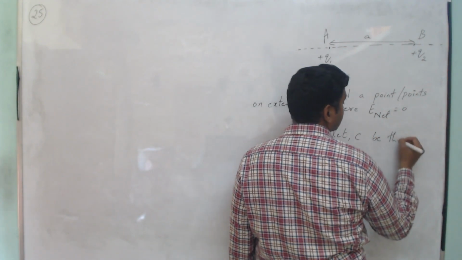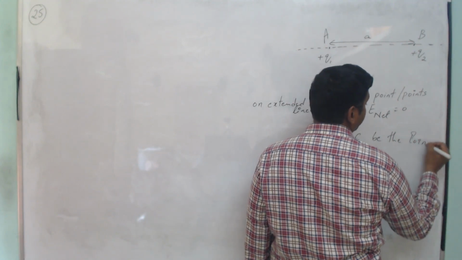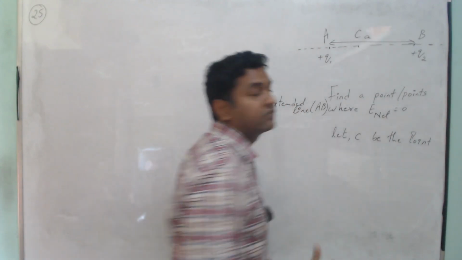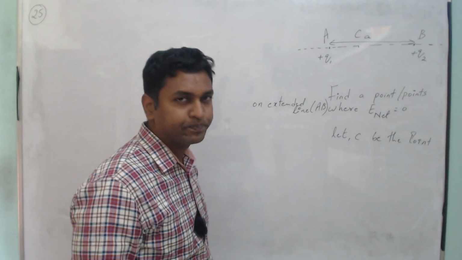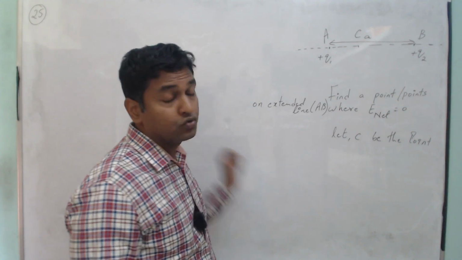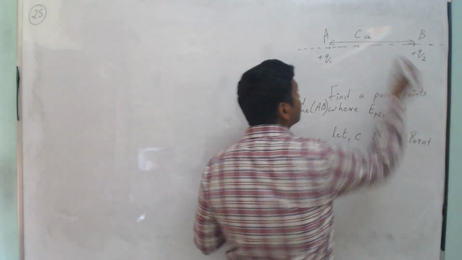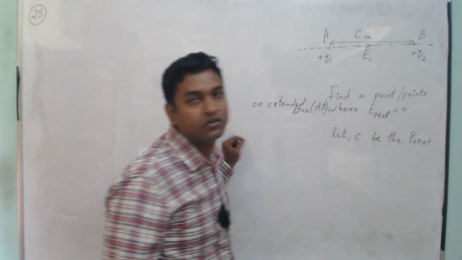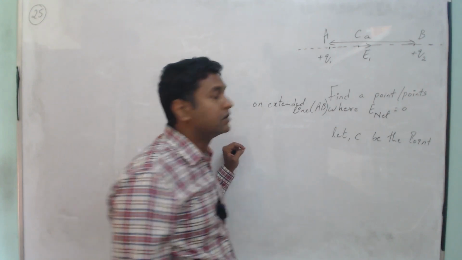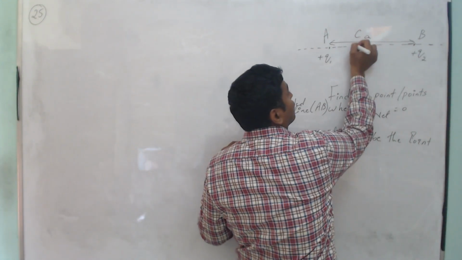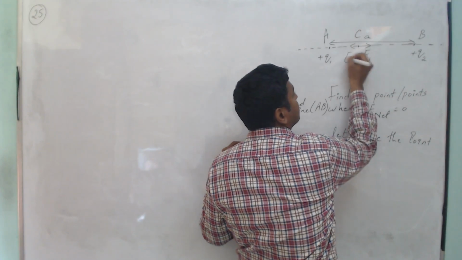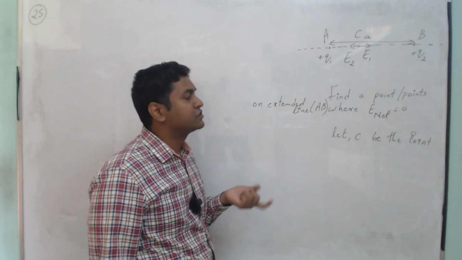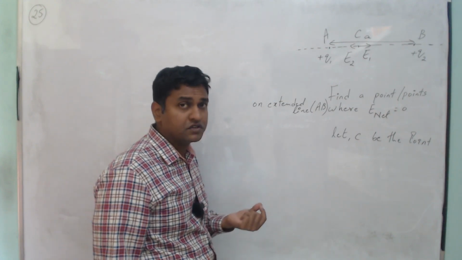If I choose a point C somewhere in between A and B, the field due to Q1 at point C will be from left to right, and its magnitude will be something like E1. The field due to Q2 at the same point C will be from right to left. Directions of E1 and E2 are opposite to each other.